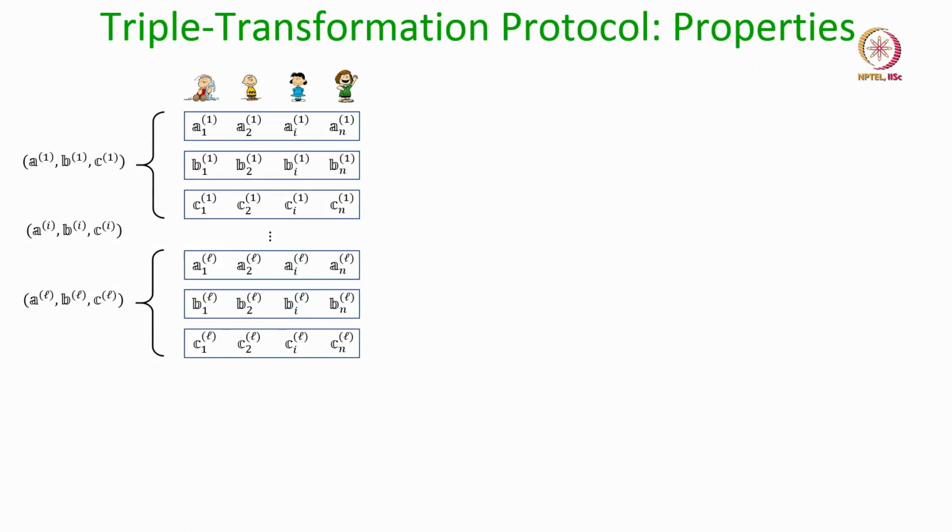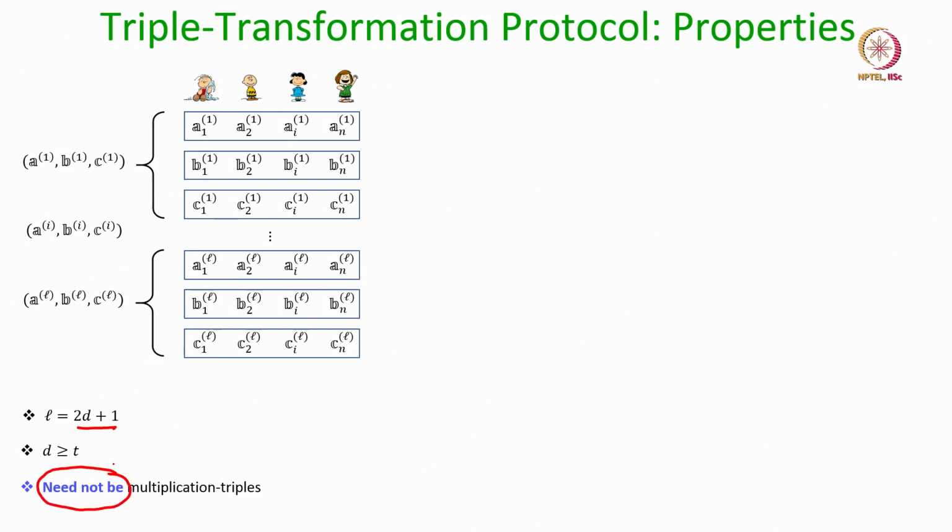So, this triple transformation protocol takes a set of L number of secret shared triplets, where L will be of the form 2D plus 1 and D will be at least T. And I stress that these triplets need not be multiplication triplets.